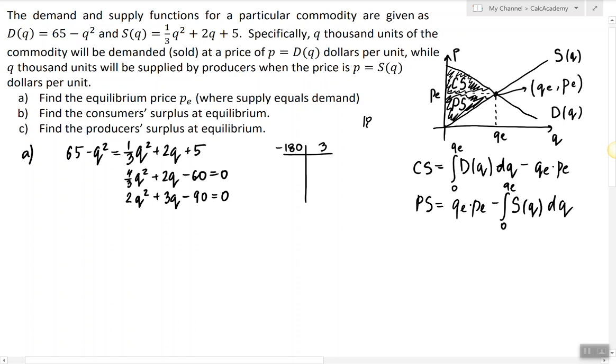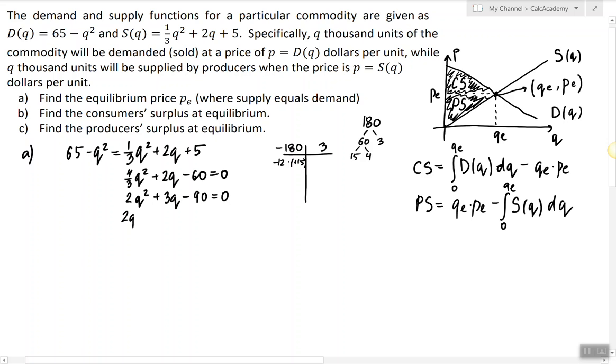So 180 can be broken down into 60 times 3. So we have 15 times 12. So it looks like 15 and 12 will work: negative 12 plus 15.